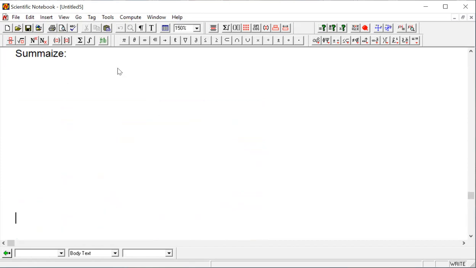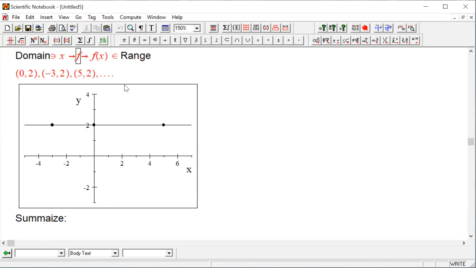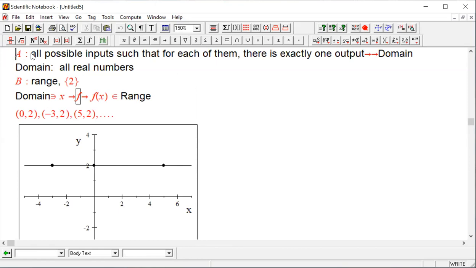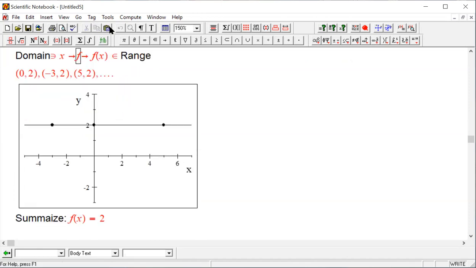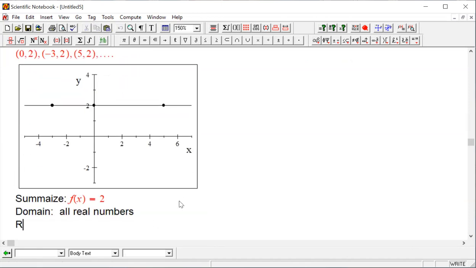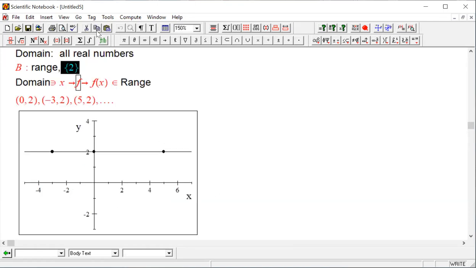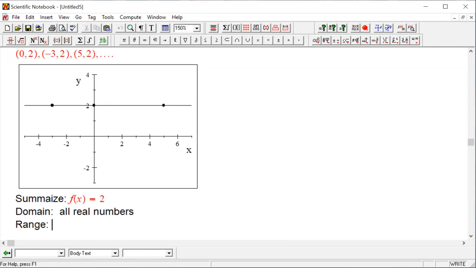So when we summarize, for this function, f of x equals 2, we have the domain and range. The domain is all real numbers. And the range is just one number. Just one number only. Then here's the graph.